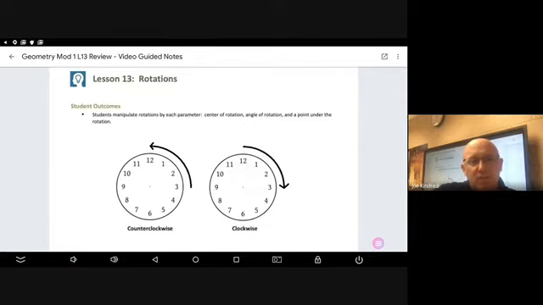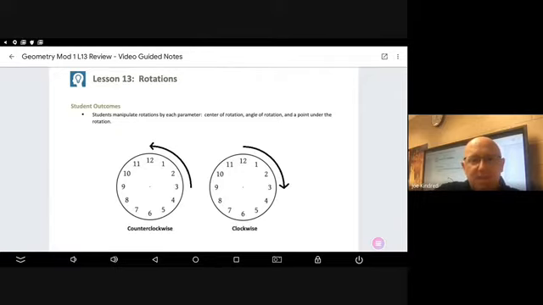So let's start with the first concept, which was what you were going to be able to do having finished this lesson. Again, this is a review of lesson 13 and the concept of rotations. Students, you should be able to manipulate rotations by each of the parameters: the center of rotation, the angle of rotation, and a point under the rotation.